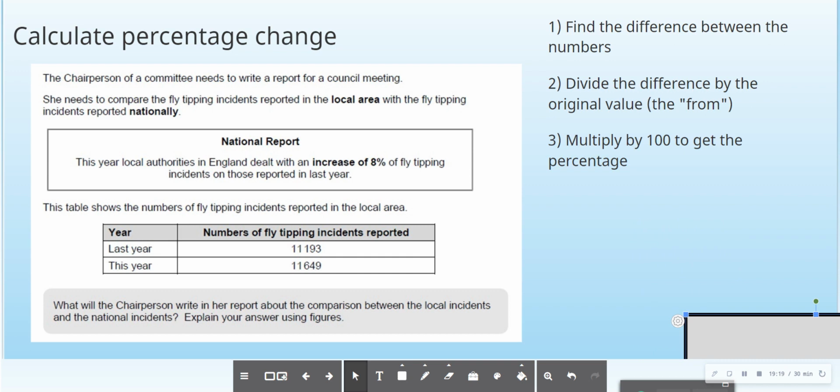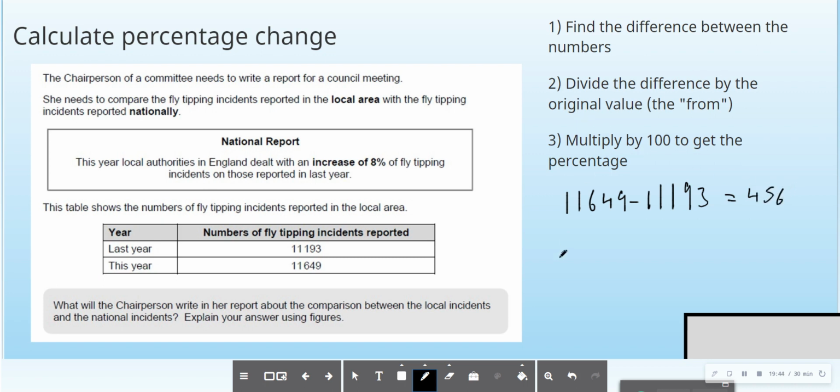So the difference between the two numbers is going to be 11649, take away 11193, which is 456. So that's the first step, the difference between the two.